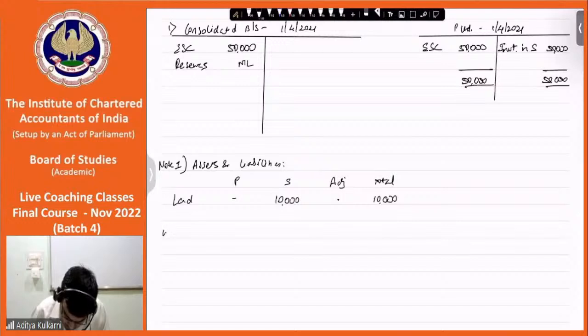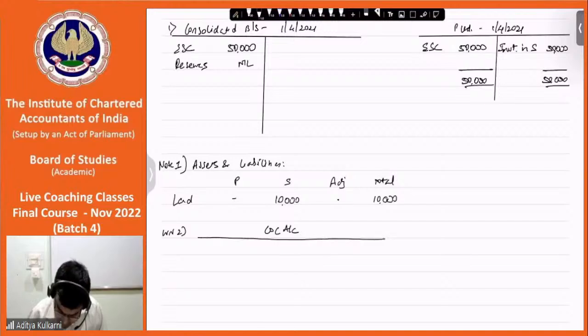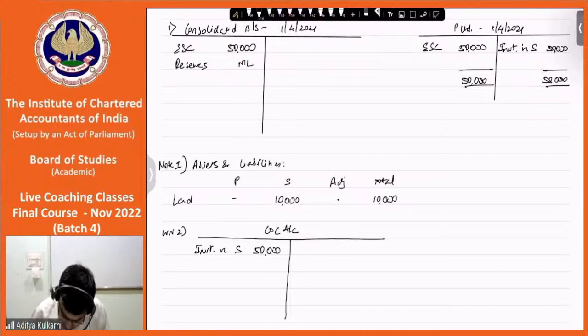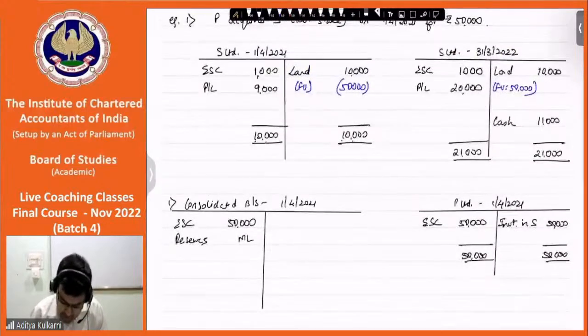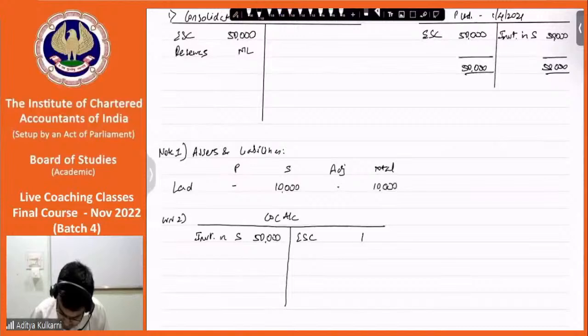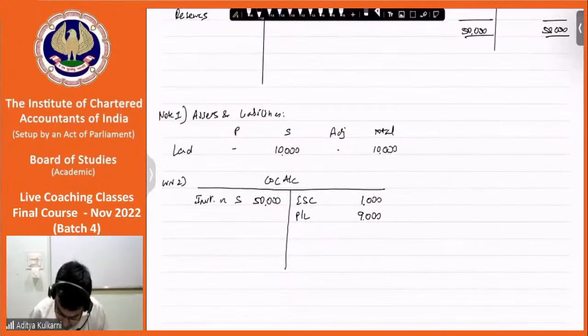Working note 2, that is the COC account. Now, in the COC account, it will look something like this. Investment in S, 50,000. Against this, I will eliminate equity share capital, 1,000. I will also eliminate the P&L because it is entirely pre-acquisition, 9,000. So this comes to 50,000.